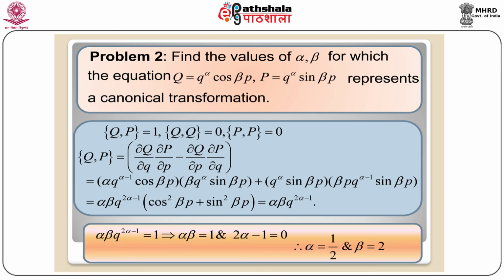Poisson bracket of capital Q with capital P can be defined as this. Now, as capital Q and capital P have been given here, one can calculate these partial derivatives, that is partial derivative of capital Q with respect to small q, which has been given here, and the partial derivative of capital Q with respect to small p, which is this, and the partial derivative of capital P with respect to small p, this has been written here.